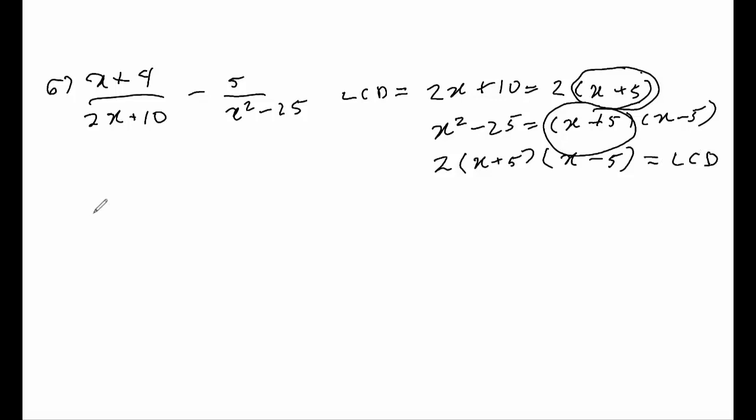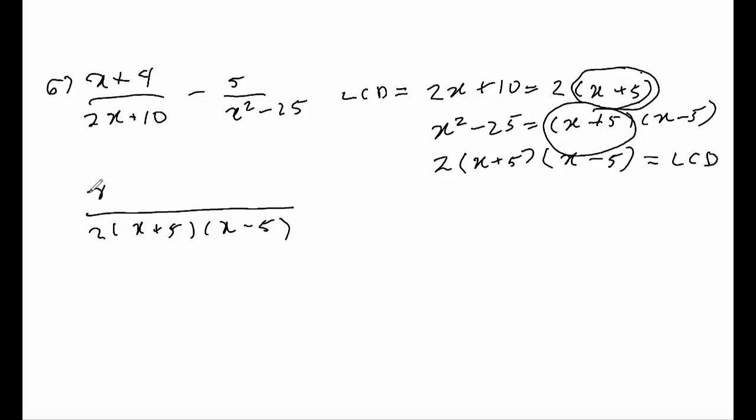So this is equal to our lowest common denominator: 2 times x plus 5, x minus 5. And now we look at the numerator in the first term, and we want to see what is missing from this denominator. We see that what's here but not here is the x minus 5.